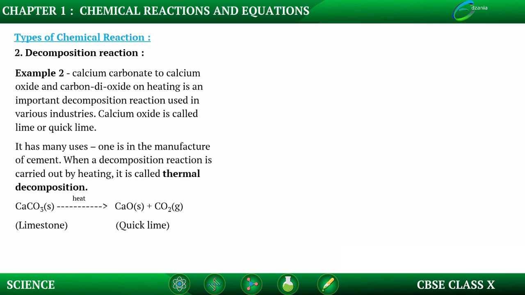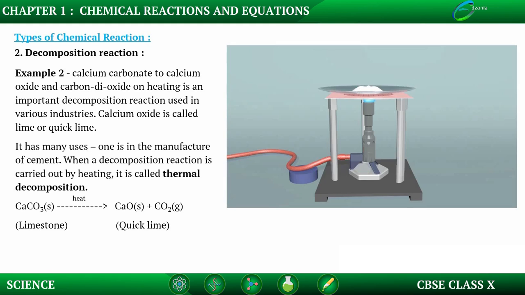Consider another example where calcium carbonate breaks down to form calcium oxide and carbon dioxide on heating. When calcium carbonate is heated, it forms calcium oxide, which is solid, and carbon dioxide is evolved. The calcium oxide thus formed has a major use in the manufacture of cement.